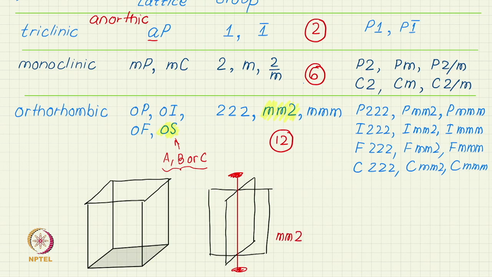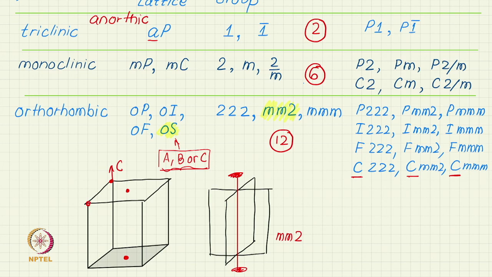So, it has a unique two-fold axis, and if I look at the end-centered orthorhombic, I told you that it can be either A, B or C, and here we have taken C as the example in the generation of a space group. So, C means if this is my C axis, C face is centered.